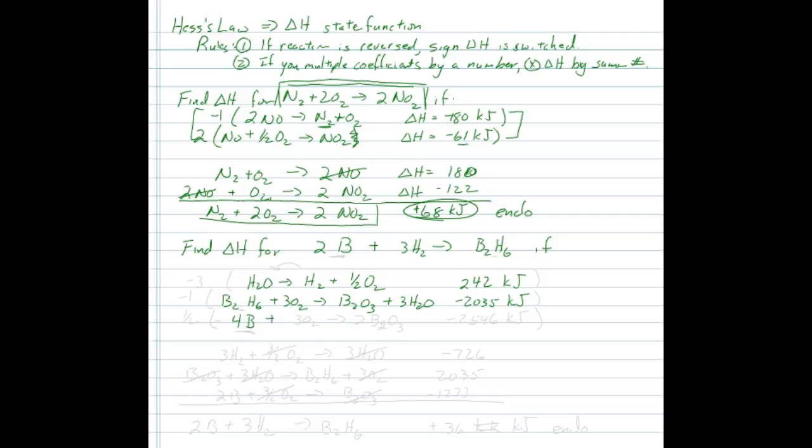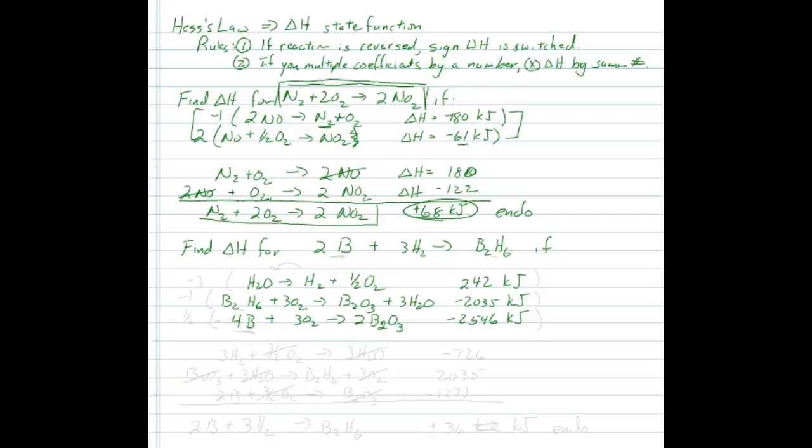4B plus 3O2 produces 2 B2O3, negative 2546 kilojoules. Okay, what are we looking for?